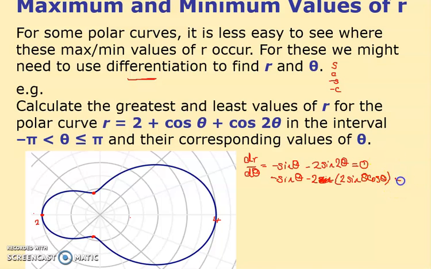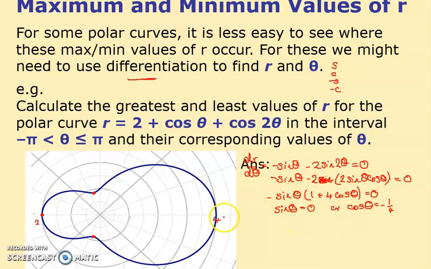So if that's true, I can effectively take out minus sine theta as a common factor. That leaves me 1 plus 2 2's are 4 cos theta equal to 0. And if that's true, either sine theta equals 0 or, well, effectively cos theta equals minus a quarter. And you can solve for that.